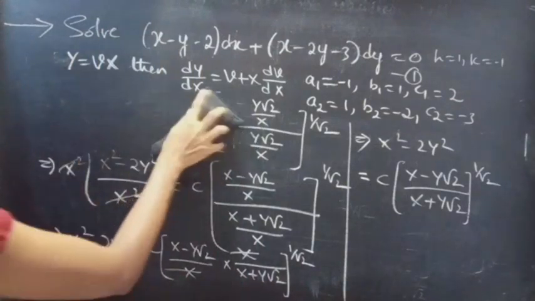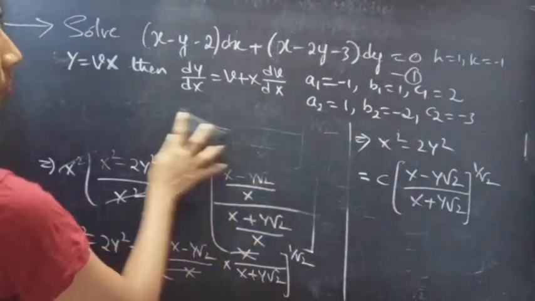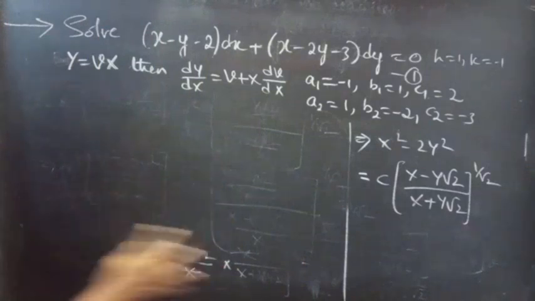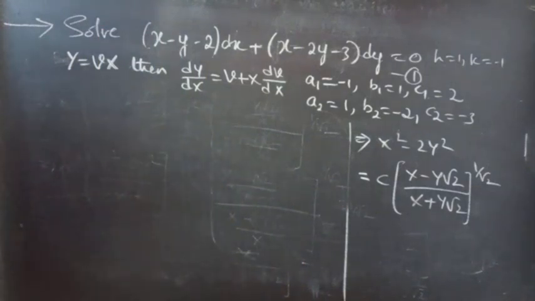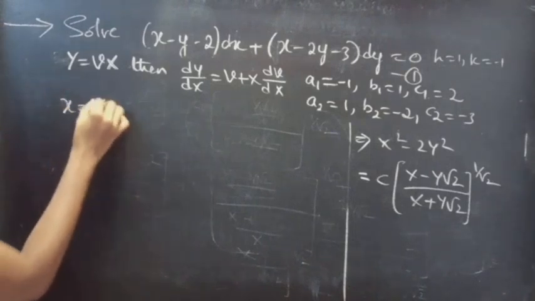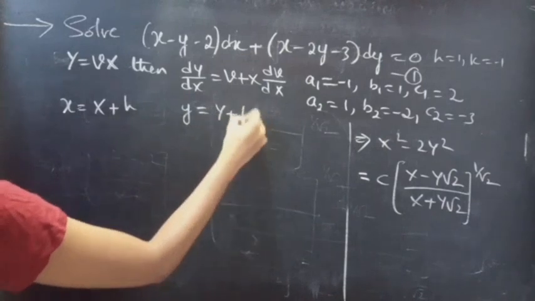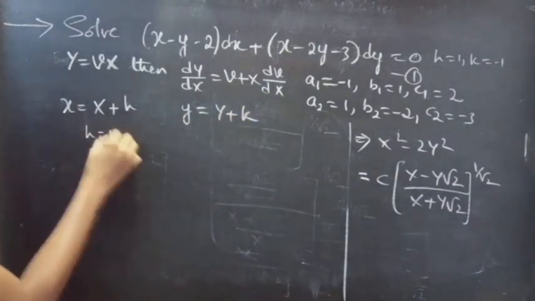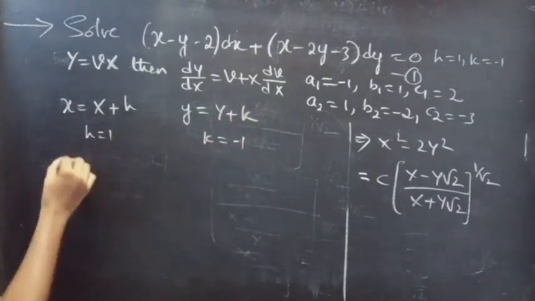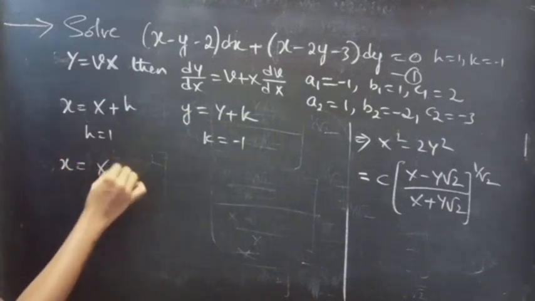Now we'll replace x and y. Since we have small x equals capital X plus h and small y equals capital Y plus k, put h equals 1 and k equals minus 1, you'll get x equals capital X plus 1.